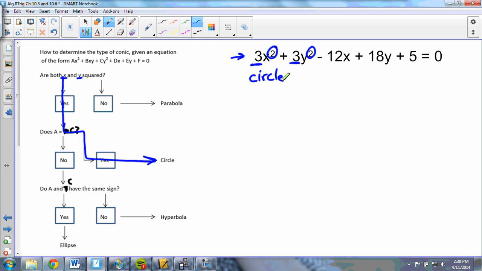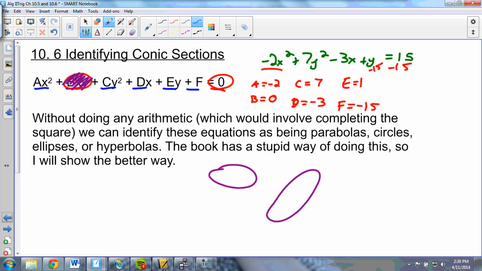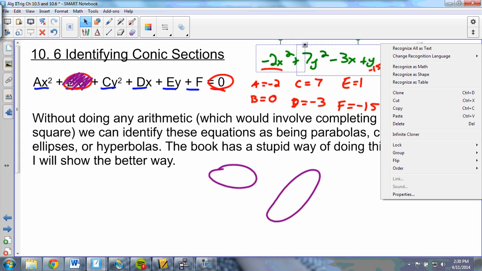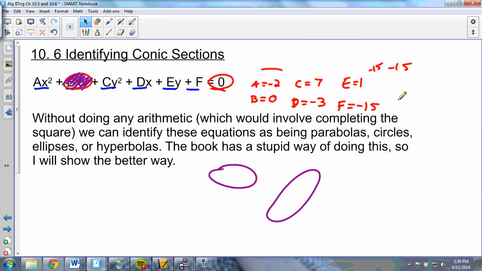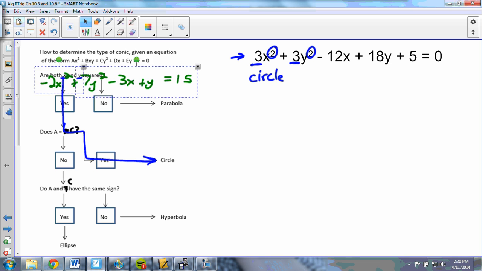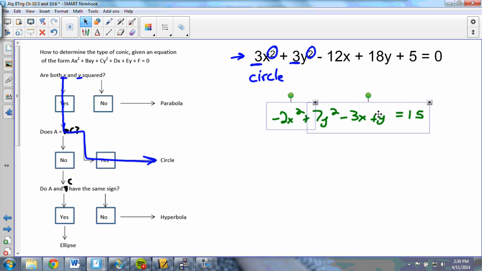We could do the same thing on the previous problem. If I copy and paste this, where's my cut button? Here, I can follow the same path.